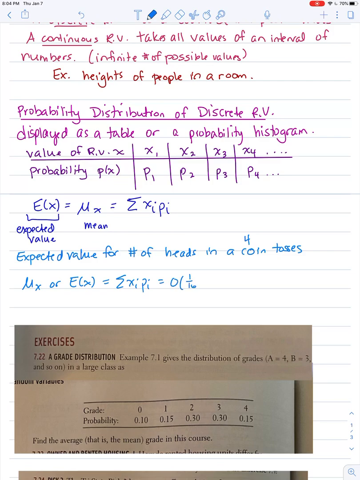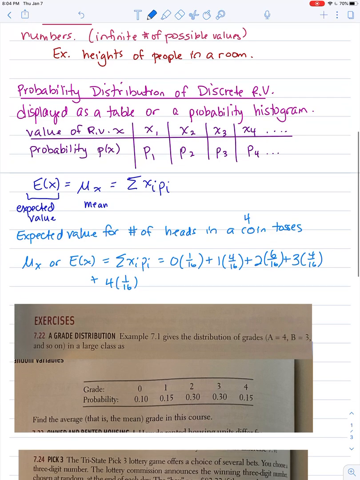So that would be 0 times 1/16 plus 1 times 4/16 plus 2 times 6/16 plus 3 times 4/16 plus 4 times 1/16. This is also called a weighted mean. And you would just add all these up. That's 0, 1/4, 3/4, 3/4 again, and 1/4, which actually comes out to 2. So that's what we call an expected value, and what it means is that's how many you would expect to get. When you toss the 4 coins, you'd expect to get an average of 2.